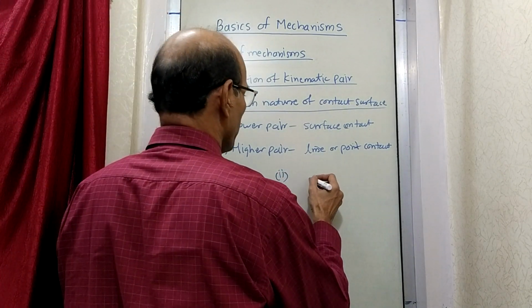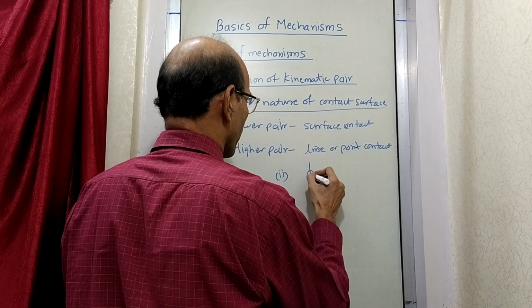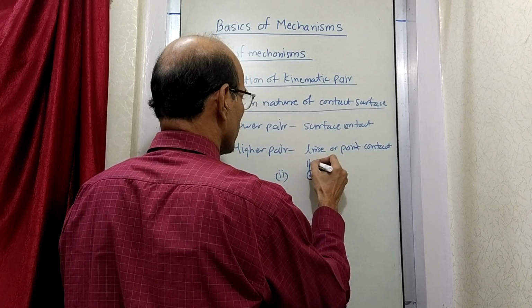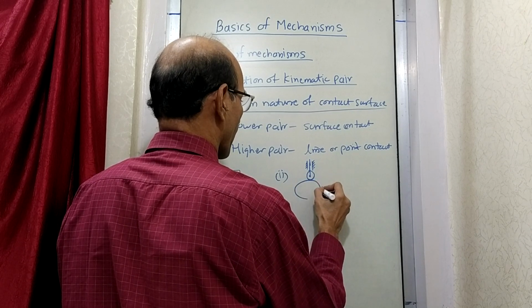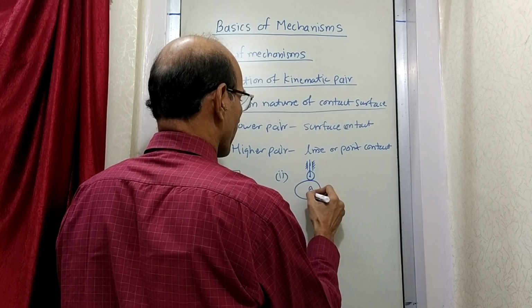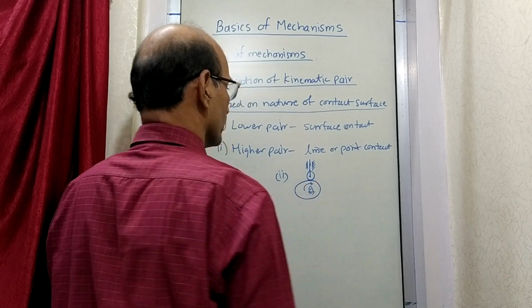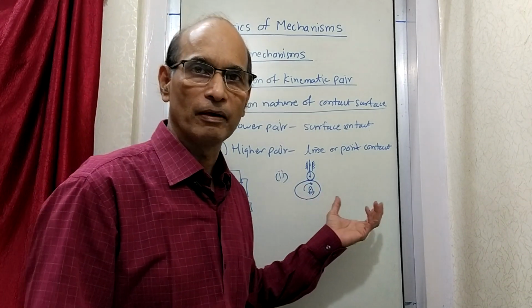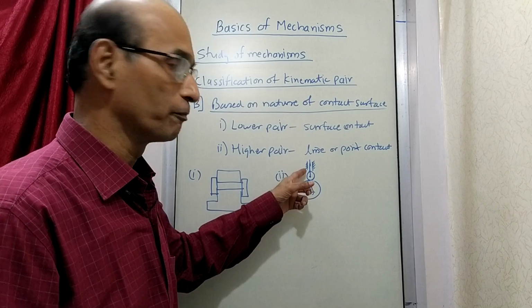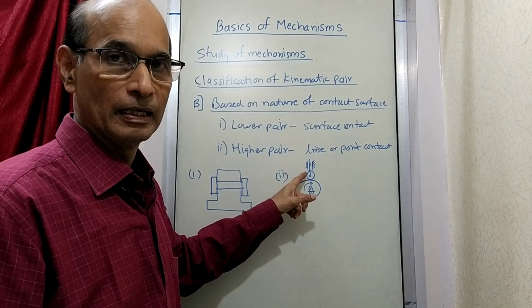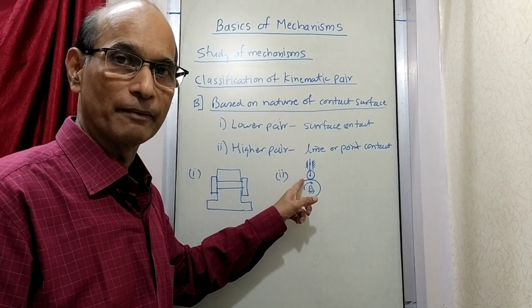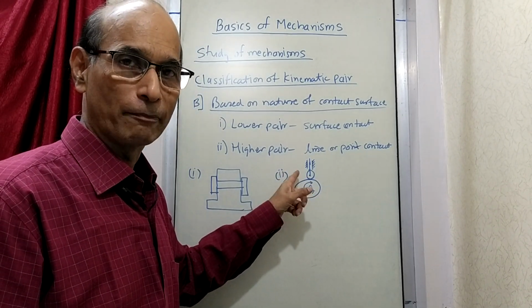Now as you know, we have already seen the cam earlier. Now I will draw the cam as a schematic diagram. This is sufficient to understand what is a cam and follower. In this cam and follower mechanism, the follower is rolling on the cam. What will be the type of contact here?